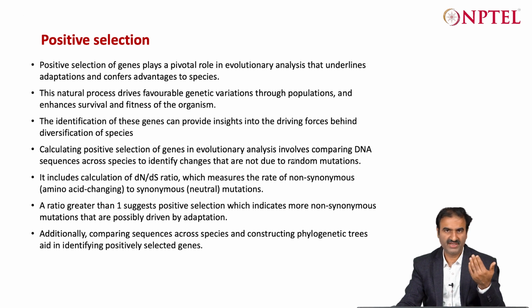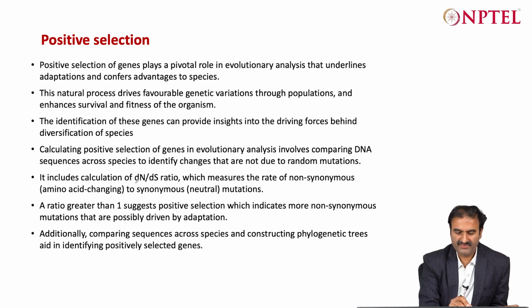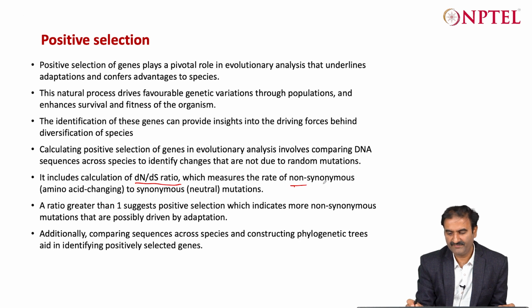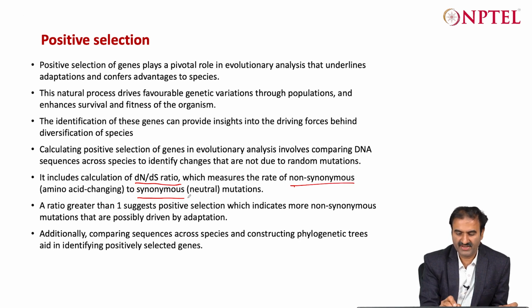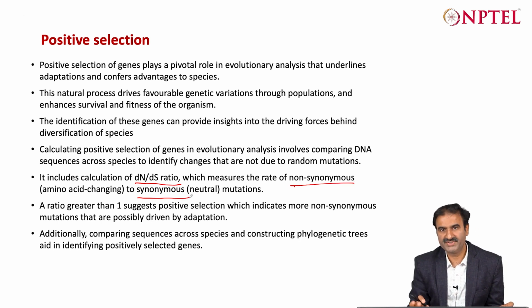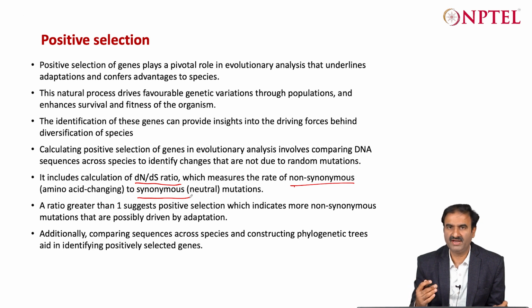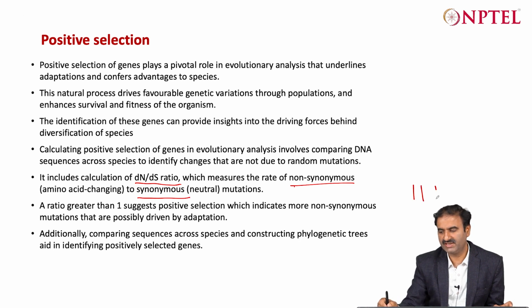Okay, so for this you have to do the dN by dS, and that means the non-synonymous versus synonymous amino acid mutation. So we have seen mutations happen in proteins because of the change in the DNA, which leads to the change in the amino acid. So that change could be synonymous or non-synonymous. That means synonymous means that it is not actually changing the amino acid. So basically in a codon there are 3 positions.